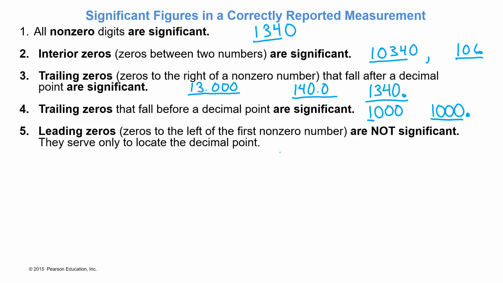So if I have a number like 0.00450, and I'm being intentional about that number, how many sig figs would be in that number? Or where do we start counting the sig figs in this number?